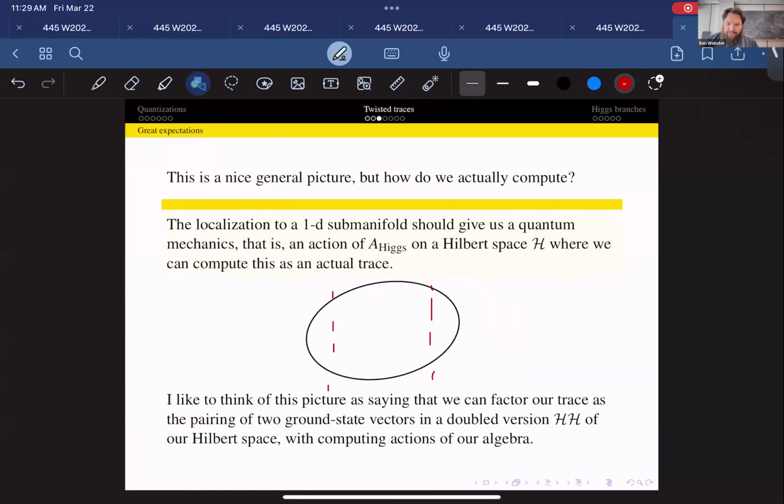The cuts must correspond to not just the original Hilbert space, but a doubled version of our Hilbert space. The two caps must correspond to some kind of diagonal state, corresponding to the identity under the state operator correspondence. And then I can insert operators on these relatively straight parts.